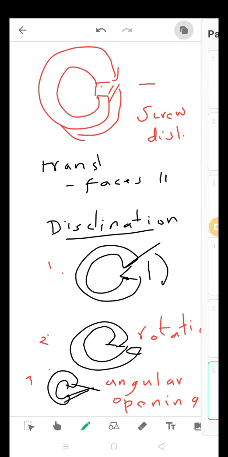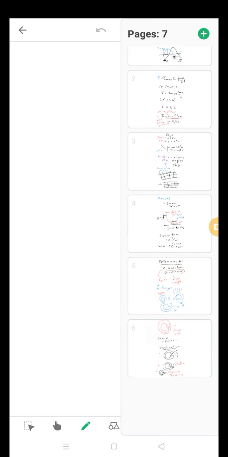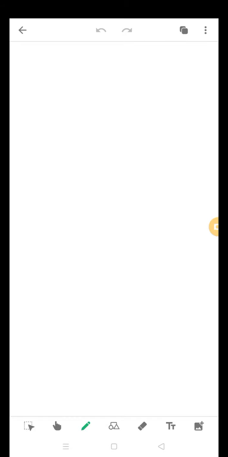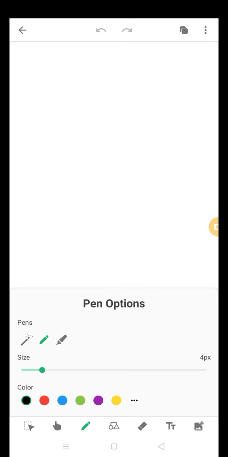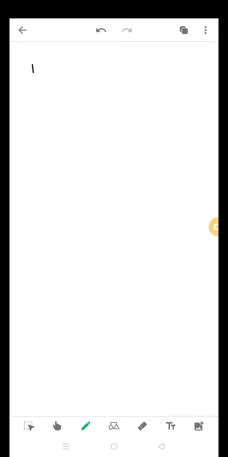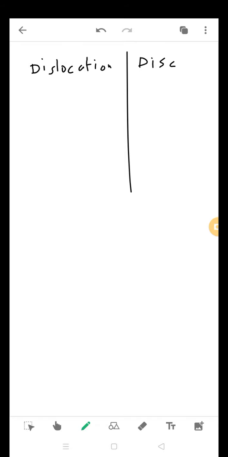Now, to summarize, if we make a comparison between dislocations and disclination, what are the differences we can have?